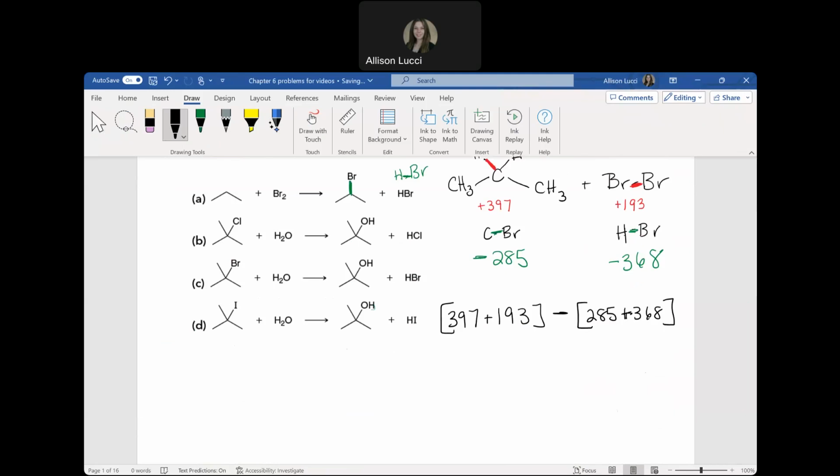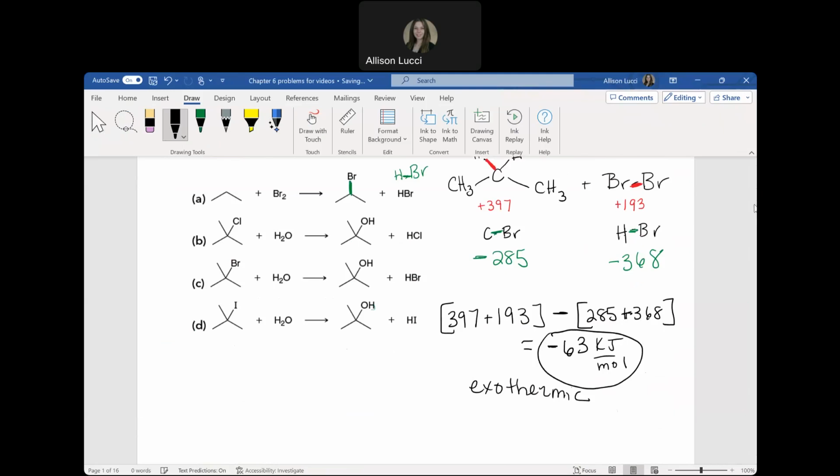So we find the difference between these values is negative 63 kilojoules per mole. So for reaction A, we would make a determination that this reaction would be considered exothermic.